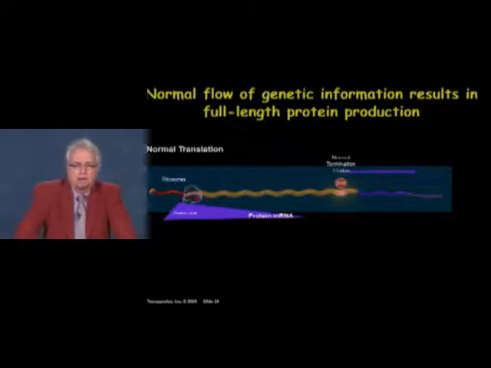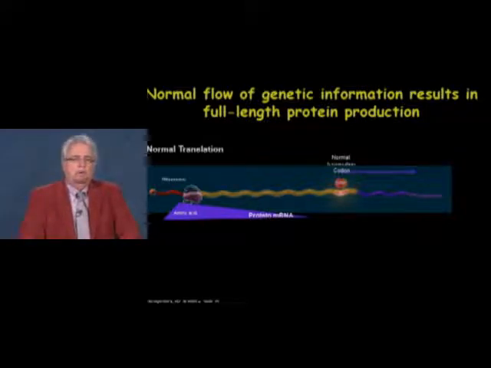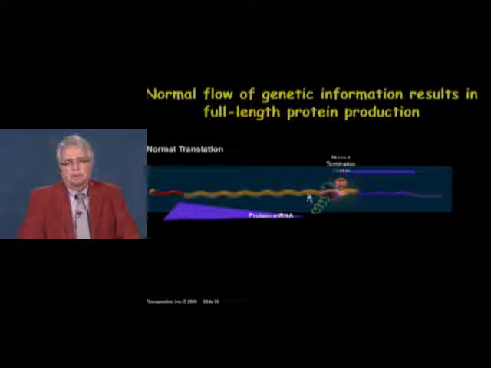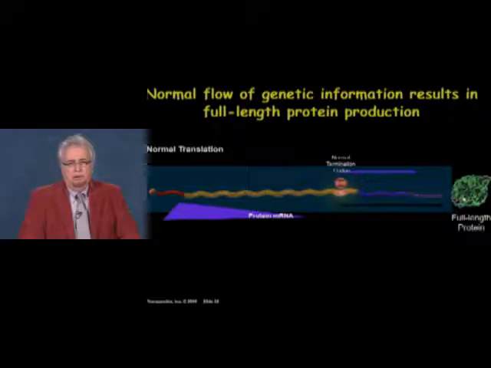Now, as far as treatment of patients who have stop codons, as you know, normally you have the messenger RNA, which is read by a ribosome, which goes through the messenger RNA, and the reading stops at the normal termination codon here, with the production of a full-length protein.